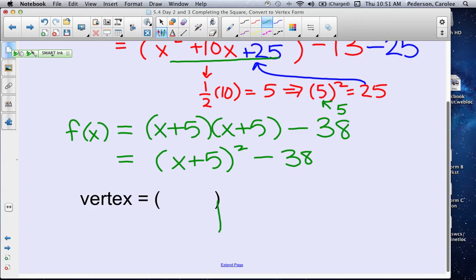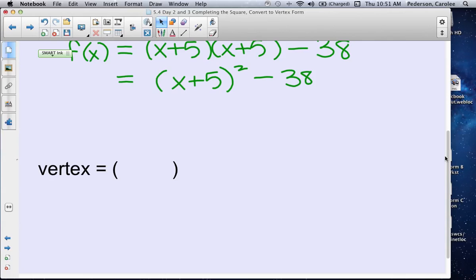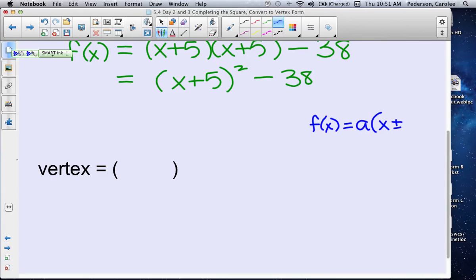If you remember vertex form was, I'll just write it off to the side, f of x equals a times (x plus or minus h) squared plus or minus k, where we always took the opposite h, and then the same k, because the inside of the parabola tells me how much do I move right or left.